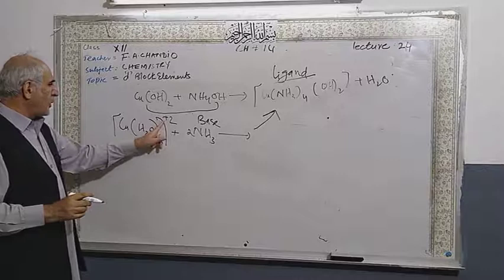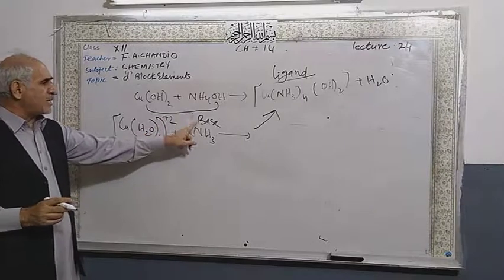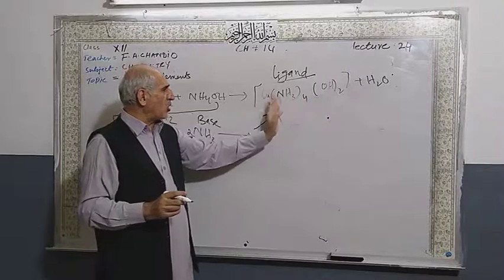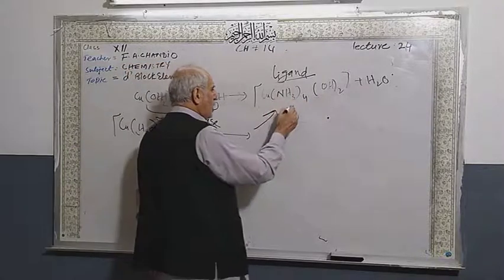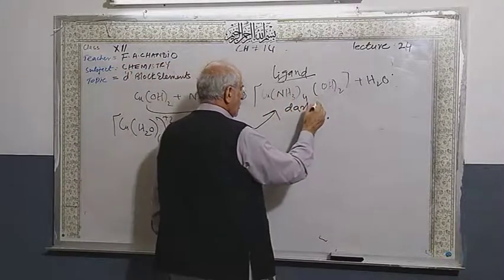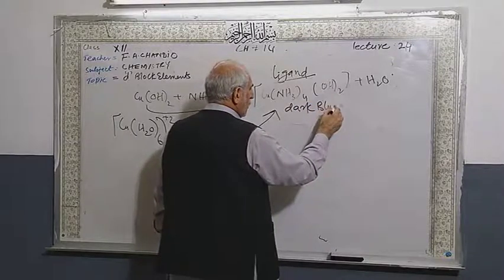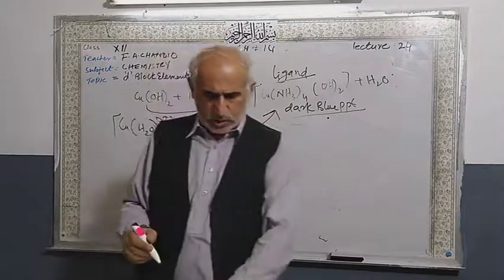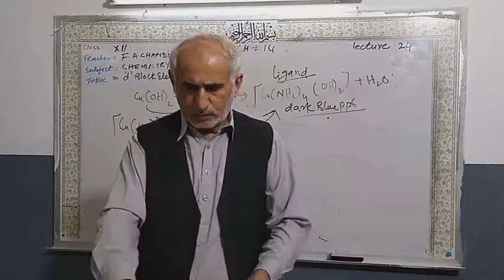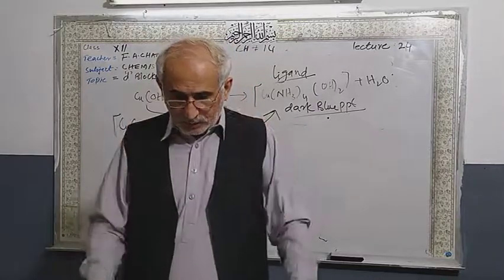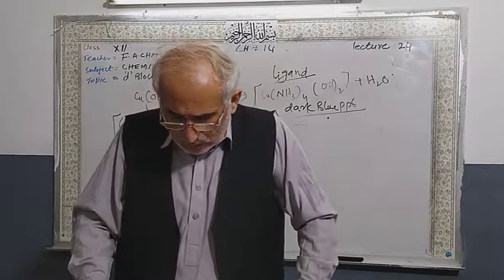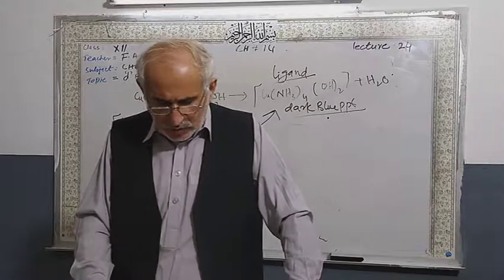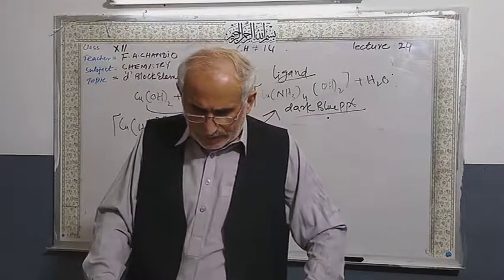Hexa aqua copper 2 with ammonia as base, you will get tetraammine dihydroxo copper with a dark blue precipitate, a solid compound. Now these reactions are given in your book also, page number 87.